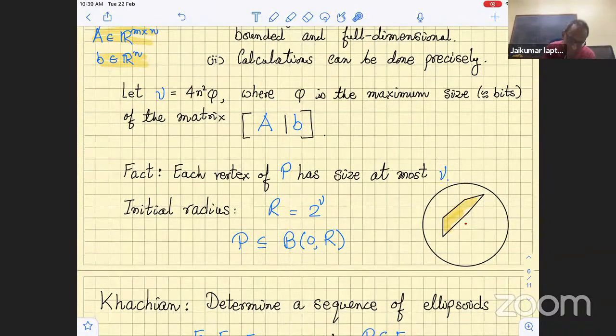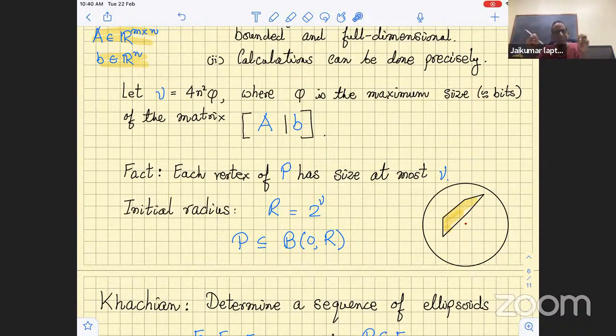Now, because of this assumption, using arguments similar to your first homework, because when you do Gaussian elimination, the points that arise are related to the determinant of some submatrices. These are just remarks which you can verify later. It turns out that this number nu is a bound on the size of any vertex.